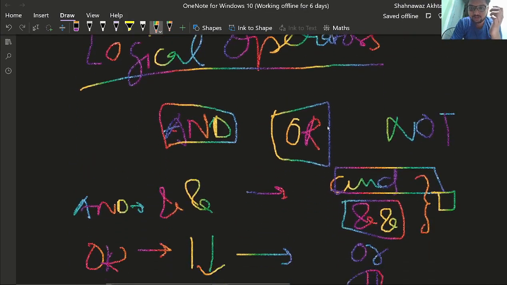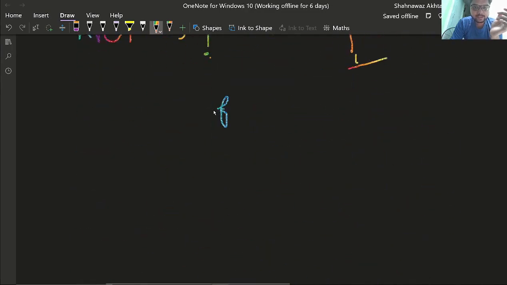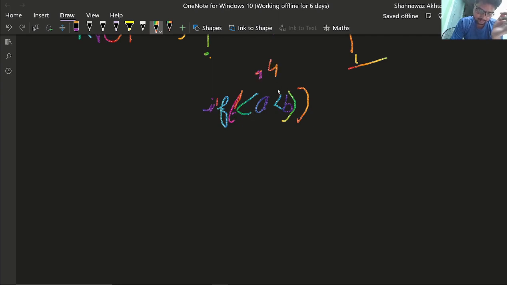All right. So what does not do? Suppose in this question, A is less than B, and I also use the not symbol. If I give A as 4 and B as 6, then this returns true. But what this not operator will do is convert this into false.